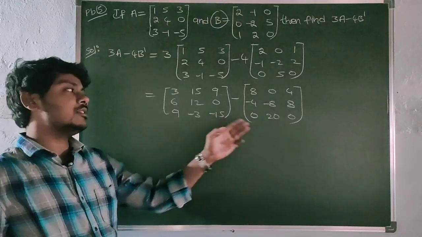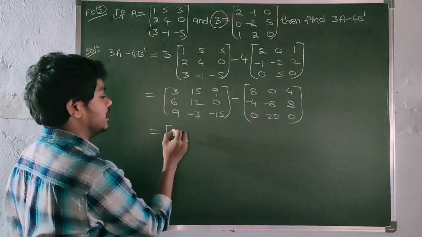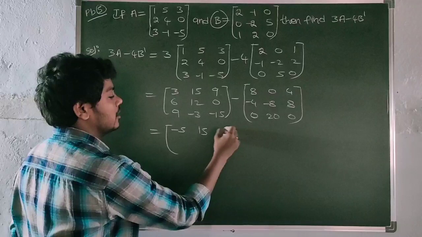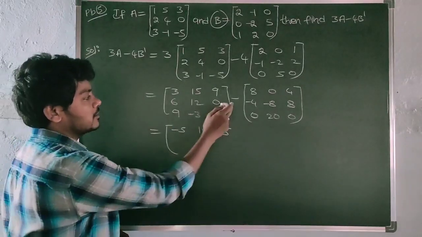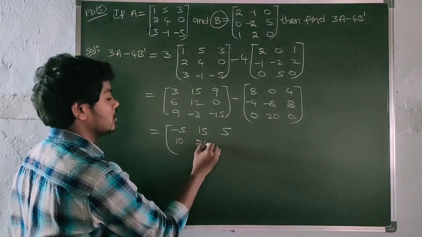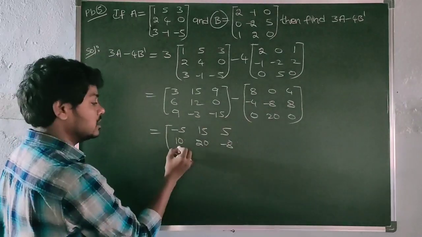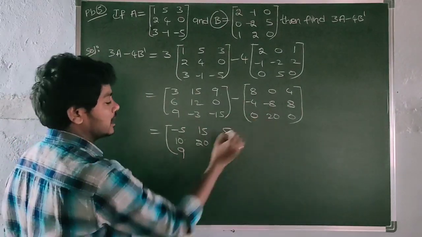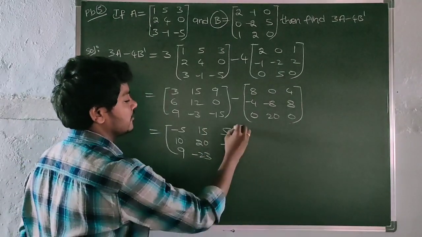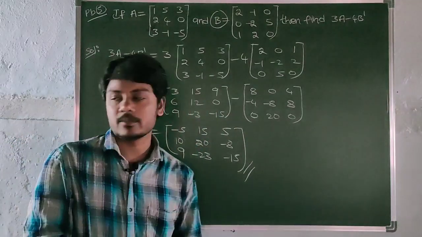Now subtracting these two matrices, what do you get? 3 minus 8, that is minus 5, 15 minus 0, 15, 9 minus 4, 5, 6 minus of minus 4, 12 minus of minus 8, 20, 0 minus 8, minus 8, 9 minus 0, 9, minus 3 minus 20, minus 23, minus 15 minus 0 is minus 15. So this is 3A minus 4B transpose.